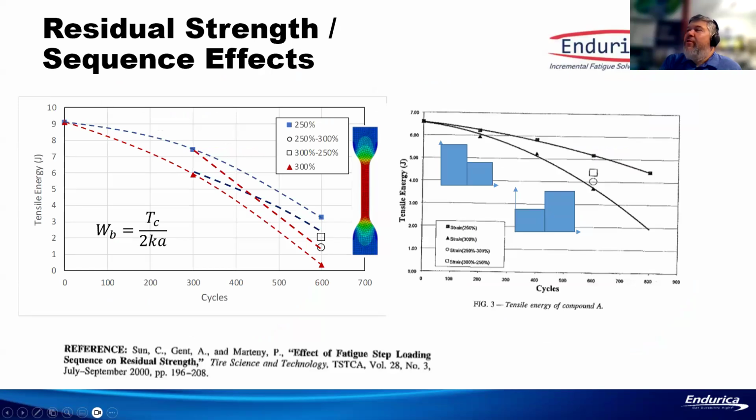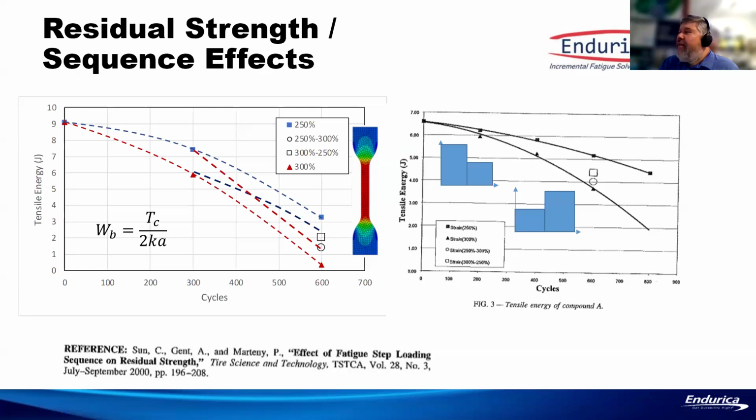Another approach when you're using Endurica DT is you have the option to simulate sequence effects. Now, sometimes they don't matter, but sometimes they do. This is a study that was done by Sun, Gent, and Martini, where they did sequences of step up and step down load cases for a simple tension specimen. What they showed was that Miner's rule doesn't really work always for rubber specimens.